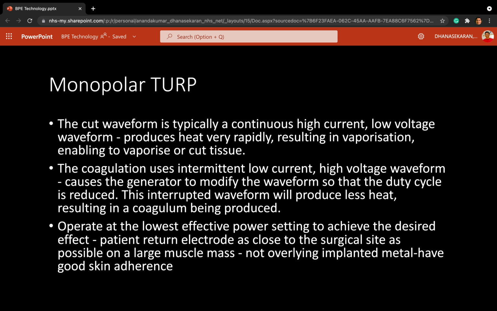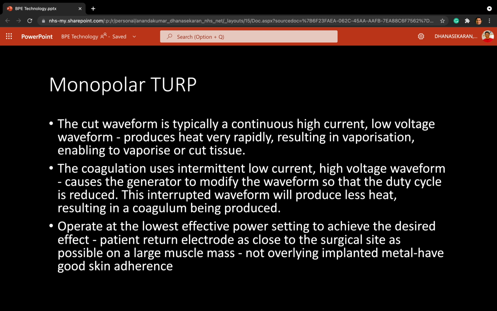Okay, so what are the contraindications for monopolar TURP when you will be looking for a bipolar TURP? The contraindications would include known chronic hyponatremia, known cardiac failure, and as a relative contraindication, a prostate volume of greater than 100 cc, because then the resection time potentially is greater and risks TUR syndrome.